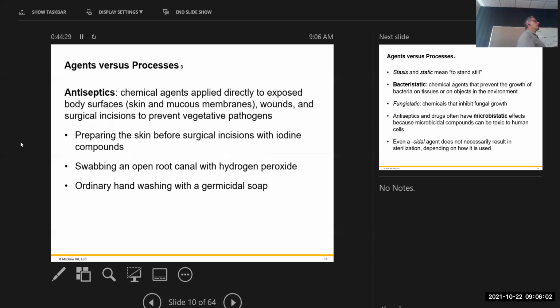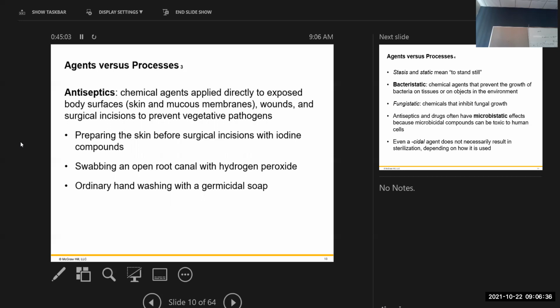So antiseptics are used on the skin. In dental procedures, they can be used on the gums, because gums are loaded with microbes, particularly when the hygienist takes that periodontal probe and looks at the numbers on the probe to see if your gums are receded.